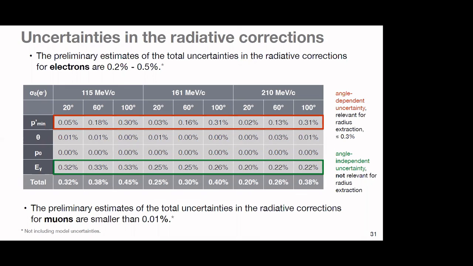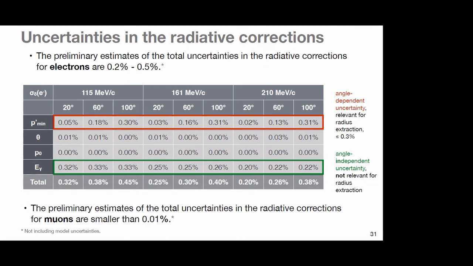The photon cut is completely independent of the angle, so it doesn't affect the extraction of the proton radius. So we do have different contributions, and there's one contribution which is not affecting the extraction of the radius. It affects the overall normalization of our cross-section. The red one is the critical one.